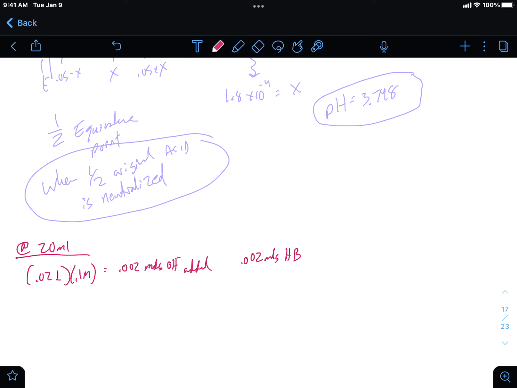How much of the weak acid will I neutralize? All of it. And I am making something, right? I'm making a conjugate. How many moles of the B minus conjugate will be made? 0.002.